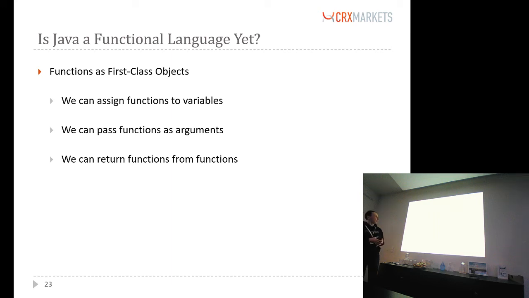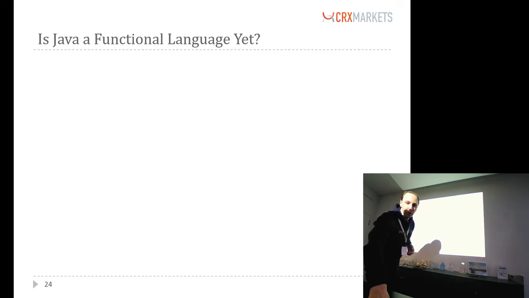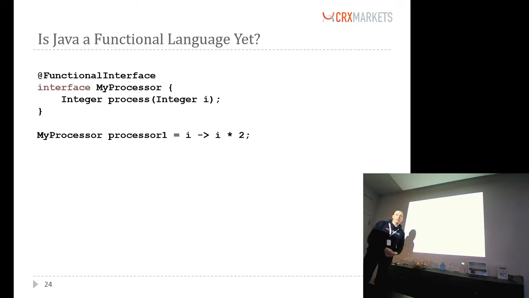In Java, everything is possible with functional interfaces. But there's a catch. A functional interface is an interface with a single abstract method. And you can create an instance of this interface by using this literal.